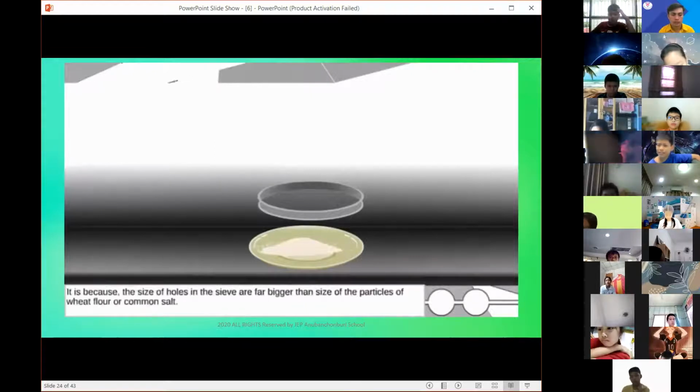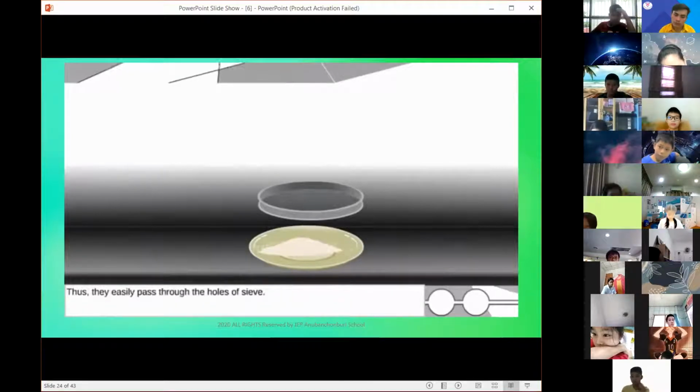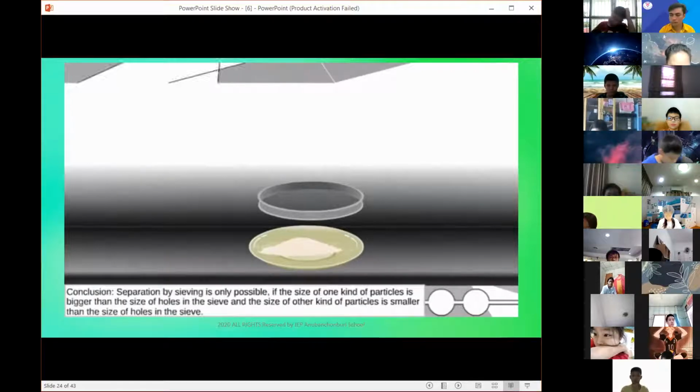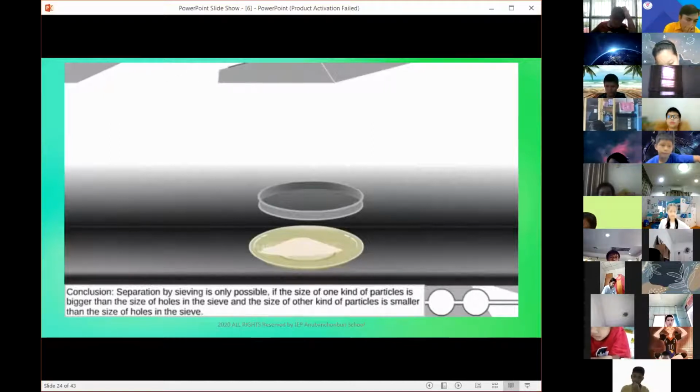Why? It is because the size of the holes in the sieve is far bigger than the size of the particles of wheat flour or common salt. Thus, they easily pass through the holes of the sieve. Conclusion. Separation by sieving is only possible if the size of one kind of particles is bigger than the size of the holes in the sieve and the size of the other kind of particles is smaller than the size of the holes in the sieve.